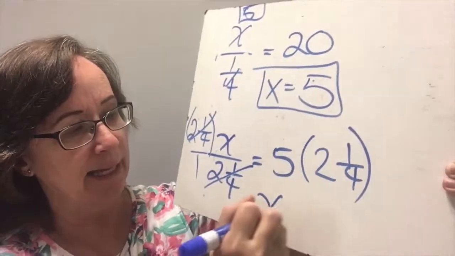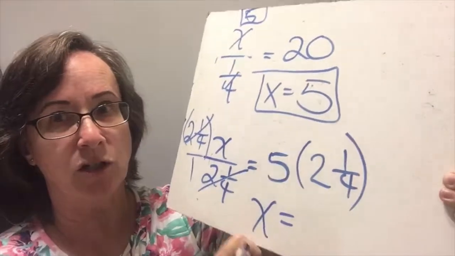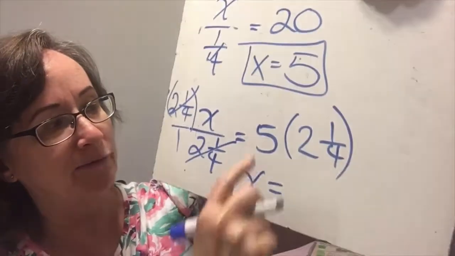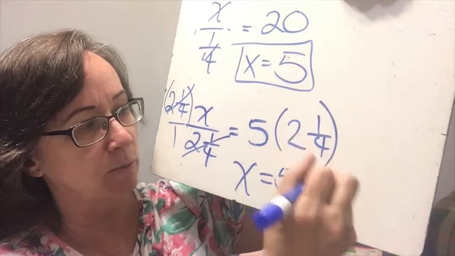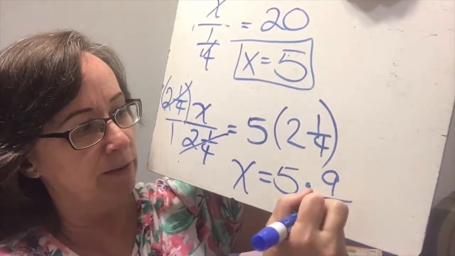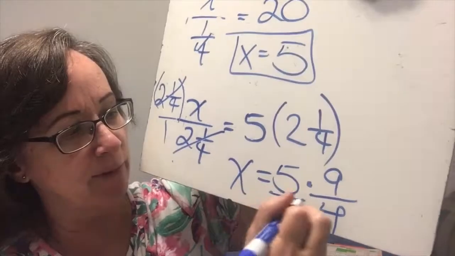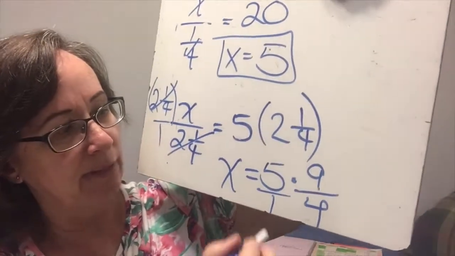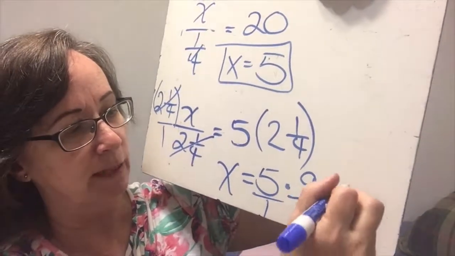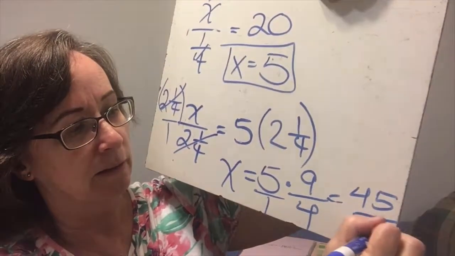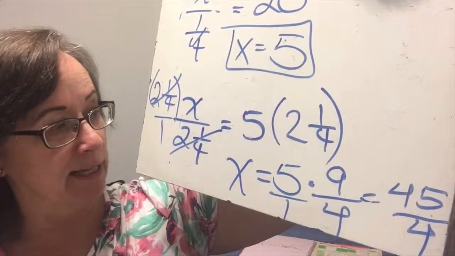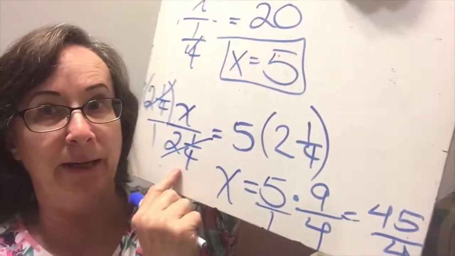And we get x is 5 times 2 1/4. But 5 times 2 1/4 is 5 times 8 plus 1 is 9/4. And I can take my 5 and put it over a 1. And then nothing will cancel, so I'm going to get a 45/4.